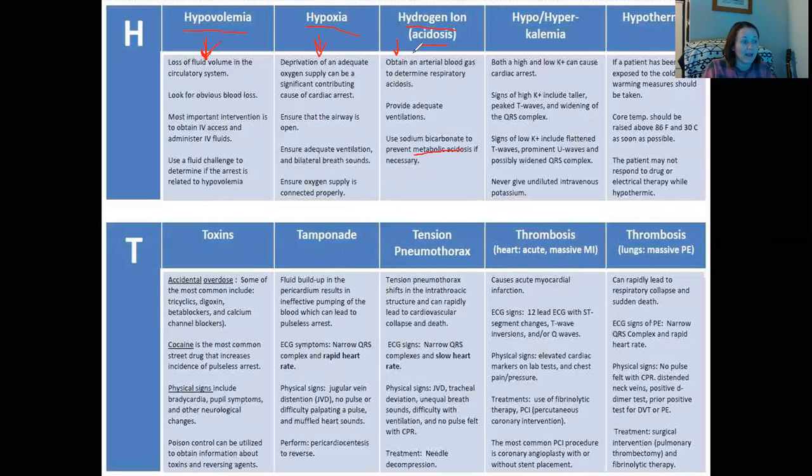So if you've got high carbon dioxide levels, then you're going to have a respiratory acidosis. So we want to get that CO2 out of the system and get them adequate ventilations.